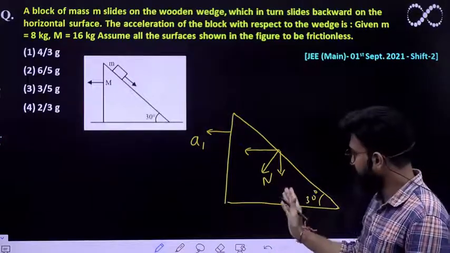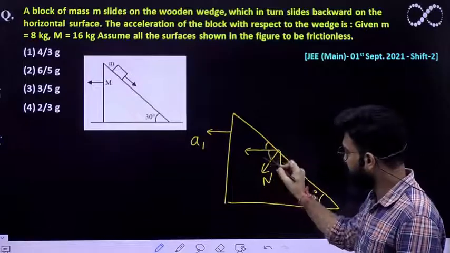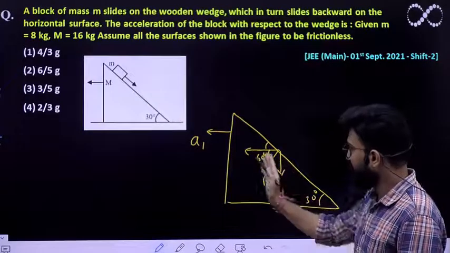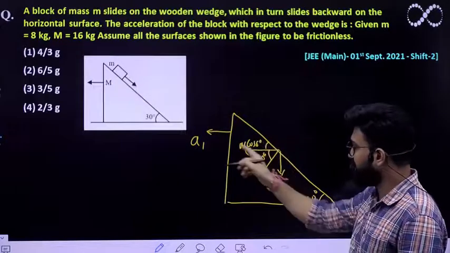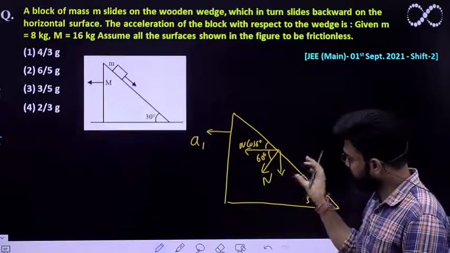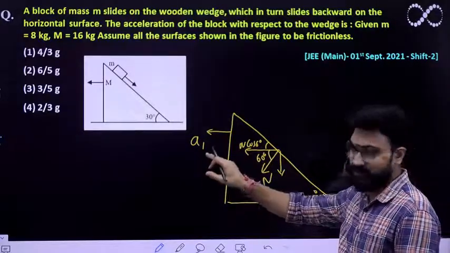So what is this component? This angle is 30 degree, this angle is also 30 degree, so this angle would be 60 degree. So N cos 60 degree is the required force on the wedge to make it move in a horizontal direction with an acceleration of a1.